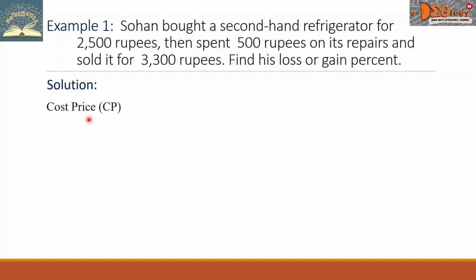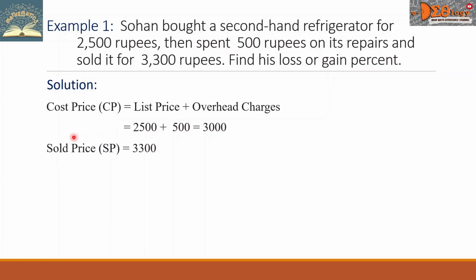The cost price or CP is the list price plus overhead charges. In our problem, the list price is 2,500 plus the overhead charges, in this case for repairs, that is 500, and the sum is 3,000. This is now the cost price or CP.